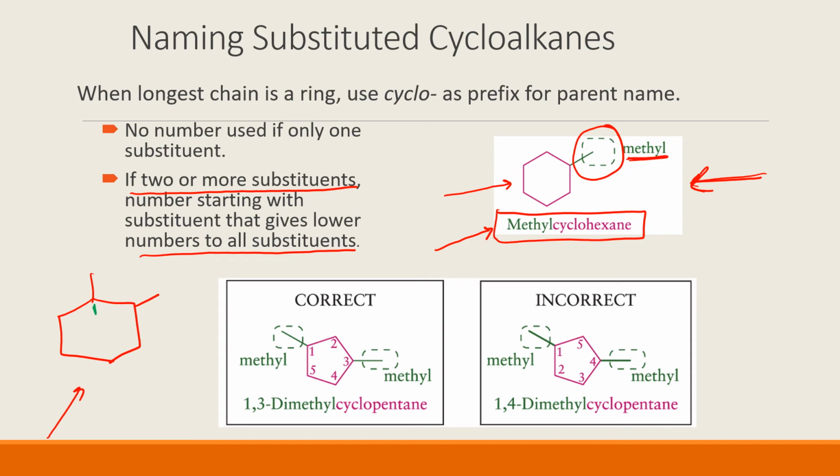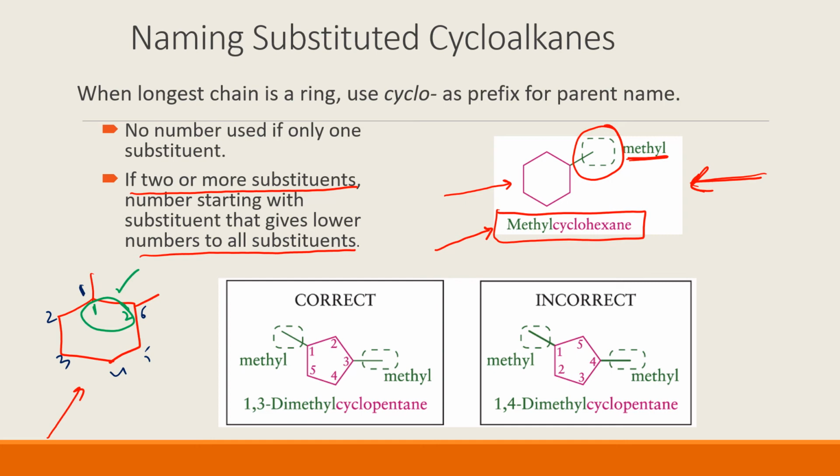If we go clockwise, then the other substituent will be number 2. However, if we start with this carbon as number 1 and go anti-clockwise, then 2, 3, 4, 5, and 6. Notice that in green numbers, substituents are getting number 1 and number 2. However, in the other direction, it's getting 1 and 6. Remember, the smaller numbers to both substituents are the correct way of numbering. So the green or clockwise numbering is correct. The blue or anti-clockwise is incorrect.